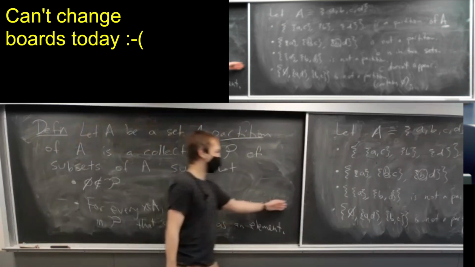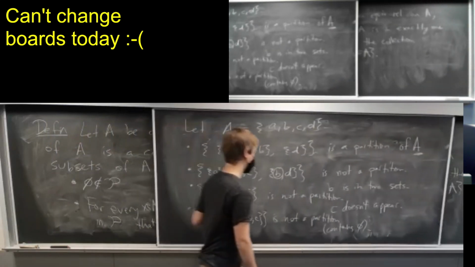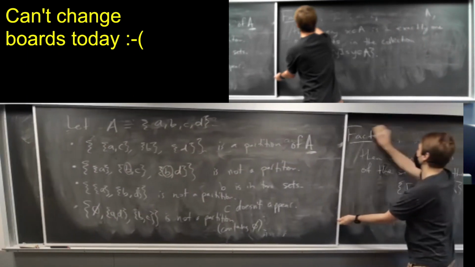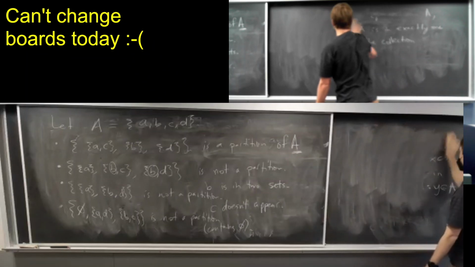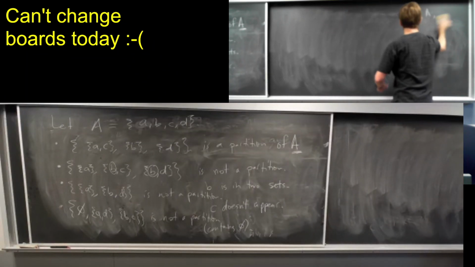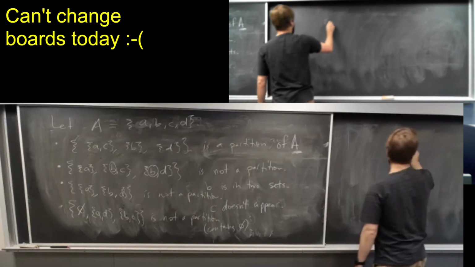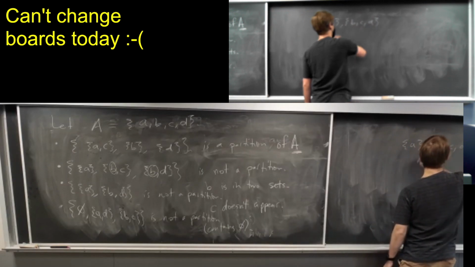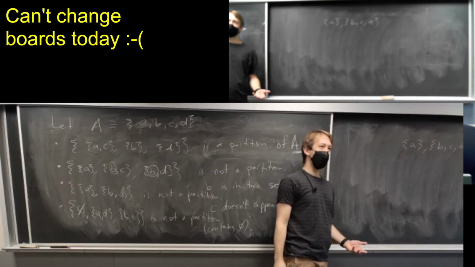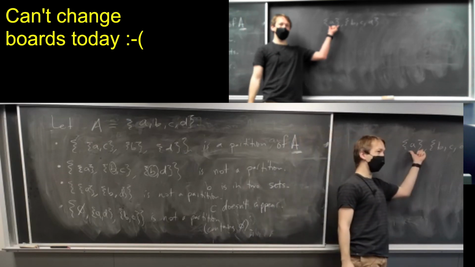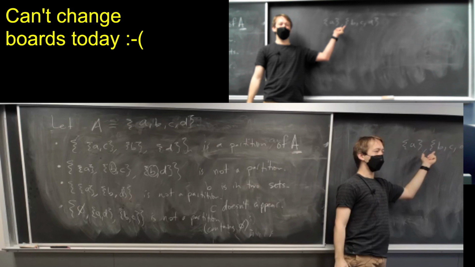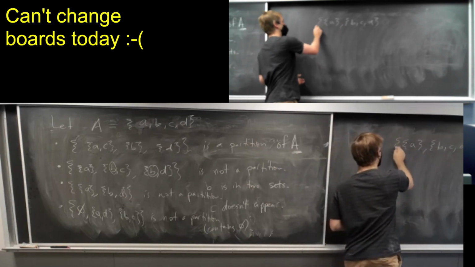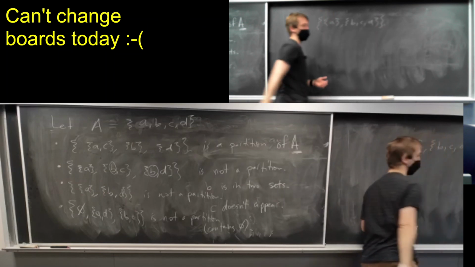A technicality: if I write, for this same example, {A, D}, {B, C} like this, that's actually not a partition either, because this is a list of two sets, but a partition is a set of sets. Now it's a partition if I throw the braces around it.